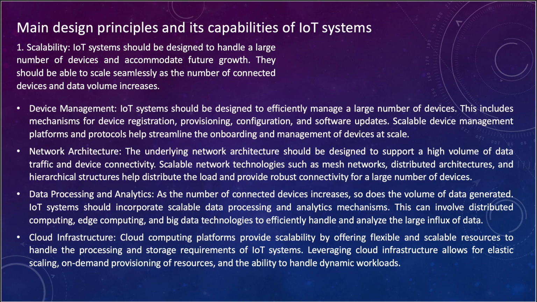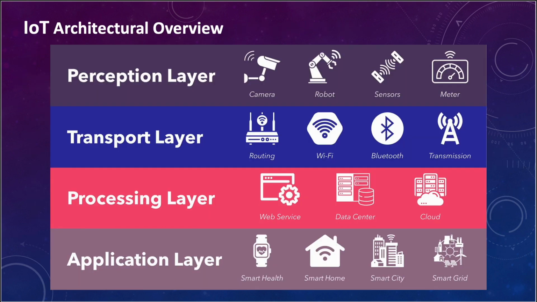So then we went into the topic that we are looking into right now: the main design principles and capabilities of IoT systems. What we are looking at here is when we are designing IoT systems, when we are looking at the perception layer, the transport layer, the processing layer, and the application layer, when we are building them.